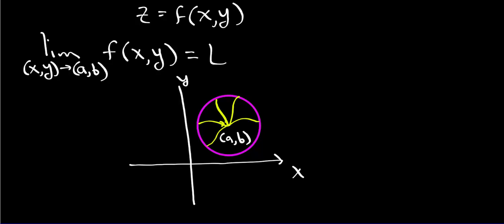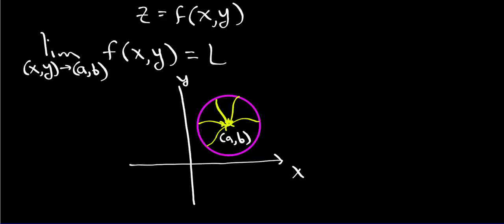There are literally an infinite number of ways that we can approach (a, b). Now, if any one of those approaches is different from the others, then the limit does not exist. Y'all see that? So in other words, instead of a left and right interval, you have a circle. You can think of it as a disk, okay?